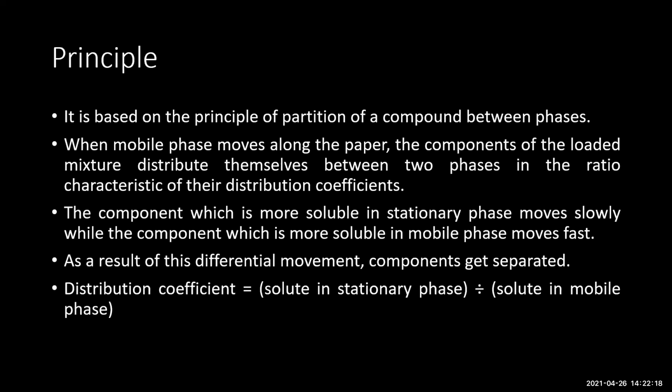So based on this interaction, we get a distribution coefficient of 1. Okay, so anything that has a higher distribution coefficient will move slowly, and it will separate out at the starting point of chromatography. The one which has a low distribution coefficient will move very fast and it will end up at the other end of the paper.